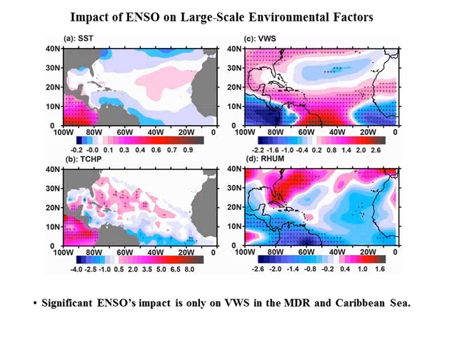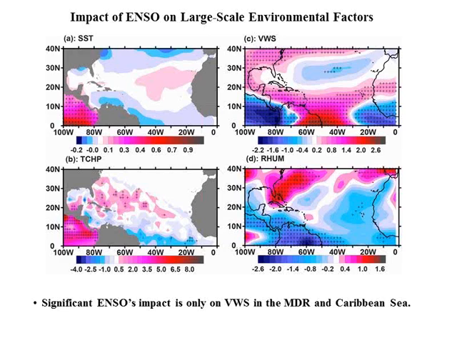We first take a look at the ENSO impact. What we did here is a regression of the minimum sea level pressure onto the SST, onto the TC heat potential, onto the vertical wind shear, onto the relative humidity at 500 millibar. We see that SST is nothing over there, not significant. And the TC heat potential is only significant over this region and some spot areas.